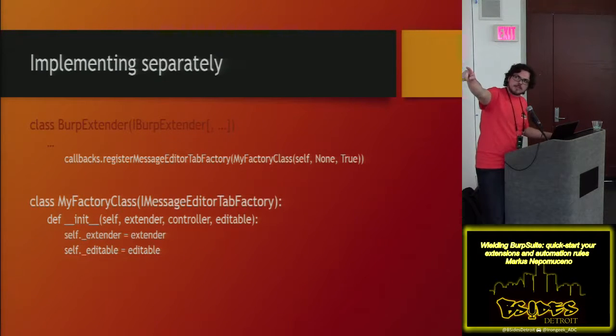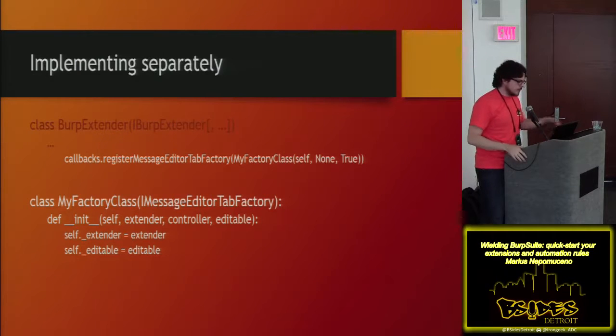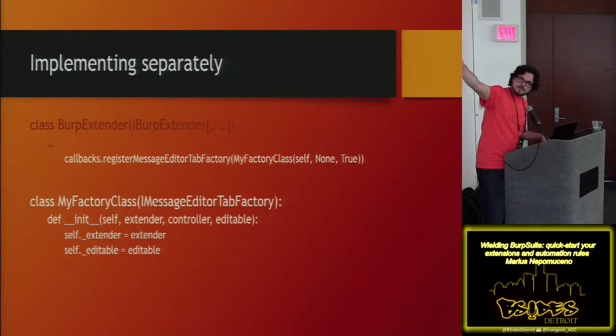My factory class is the one that implements iMessageEditorTabFactory. This allows me to implement more than one tab. If I wanted a second tab, I would have my factory class 2, which implements the tab factory as well, and I could create a new tab. Make sense? Notice how each signature has its own variables, just what the API calls for. Always look into the documentation to learn that.